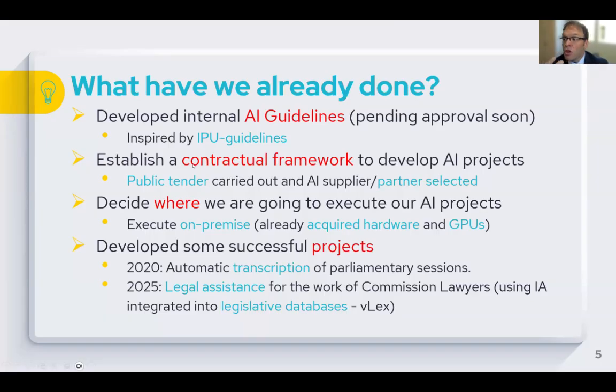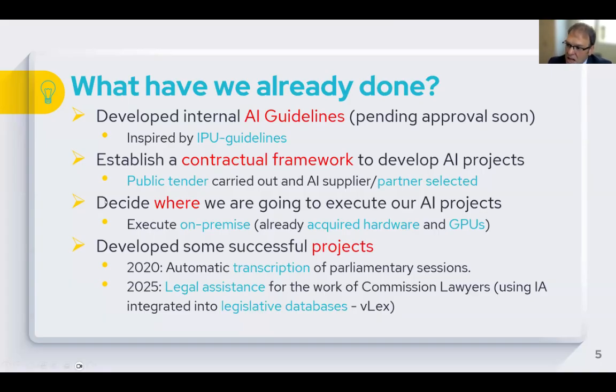So we established a framework with our developer just to be fast when we have an idea and want to make it happen. It's going to be fast now because we have already selected a partner and we just say, okay, I will pay you for this, and in 2 weeks you can start doing it.